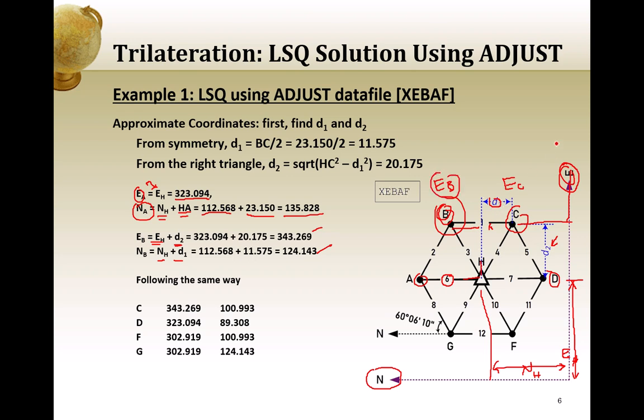The northing of point B is the same as the northing of point G. So you can use the symmetry. Point C and point F, these are initial approximates of the coordinates, so you can just use these. The northing of point C is the same as the northing of point F. You can use that to expedite your calculation. So at the end, these are the numbers.